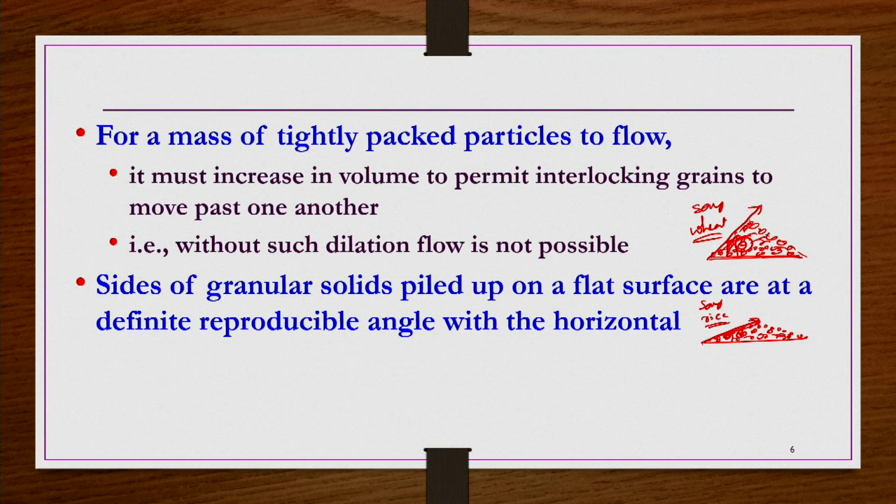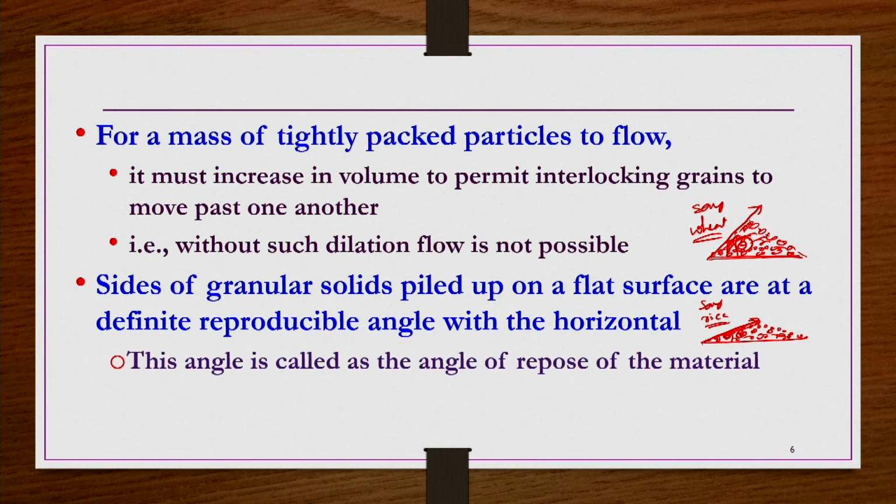So, this is a very important angle, and it is used in designing storage equipment for these solid en masse materials. So these angles are in general useful. That means, when you pile up material on a surface, it is going to pile up so that its sides form a reproducible angle.